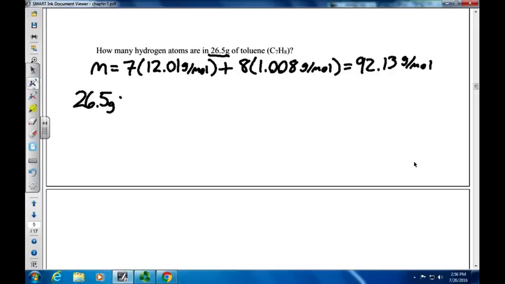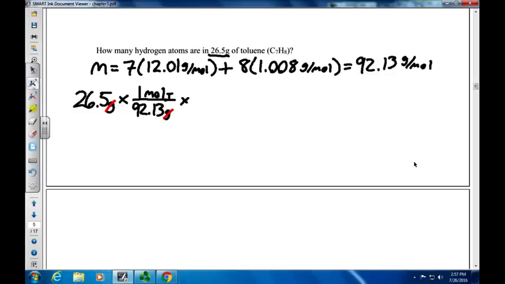So for every 1 mole of toluene, there are 92.13 grams. So grams and grams cancel each other out. Let's put a little signifier on the mole, though, and you'll see why in a minute. We're going to put a little T for toluene.